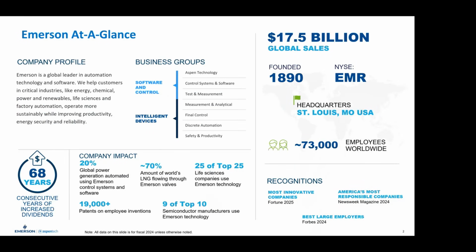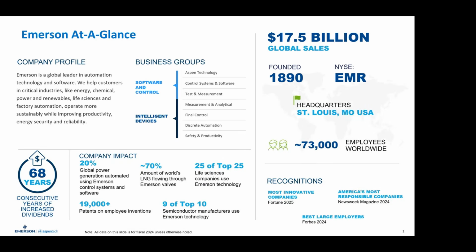But before I go into details about the technology, I just wanted to introduce where we stand in the company. As I'm sure most of you know, the company that we are part of is called Emerson. It's a 140-year-old company with 73,000 people globally, and it's a real global leader in automation, technology, and software.